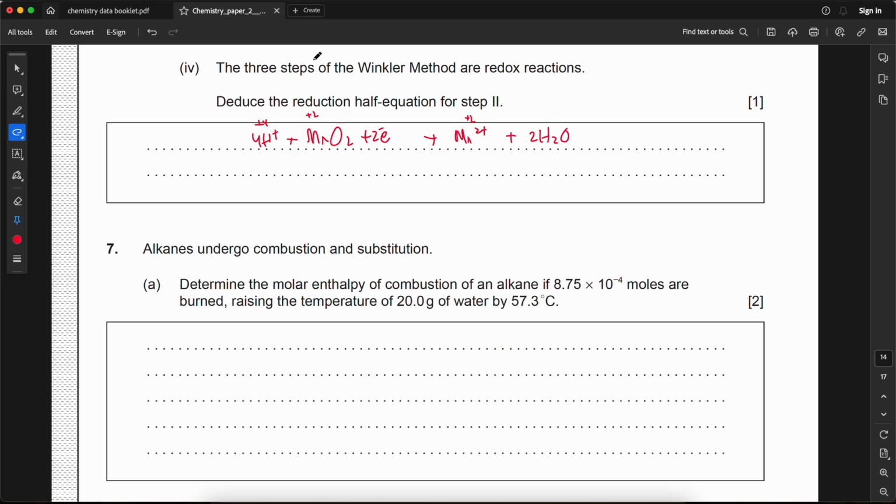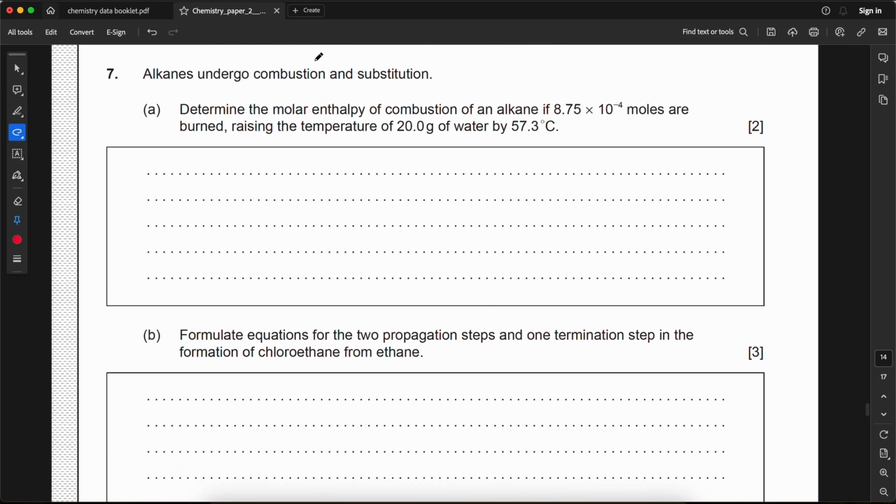Next, alkanes undergo combustion and substitution. Determine the molar enthalpy of combustion of an alkane if 8.75 times 10 to the power negative 4 moles are burned, raising the temperature of 20 grams of water by 57.3 degrees Celsius. So Q = mcΔT, that would be 20 times 4.18 times 57.3, you get 4790 joule.